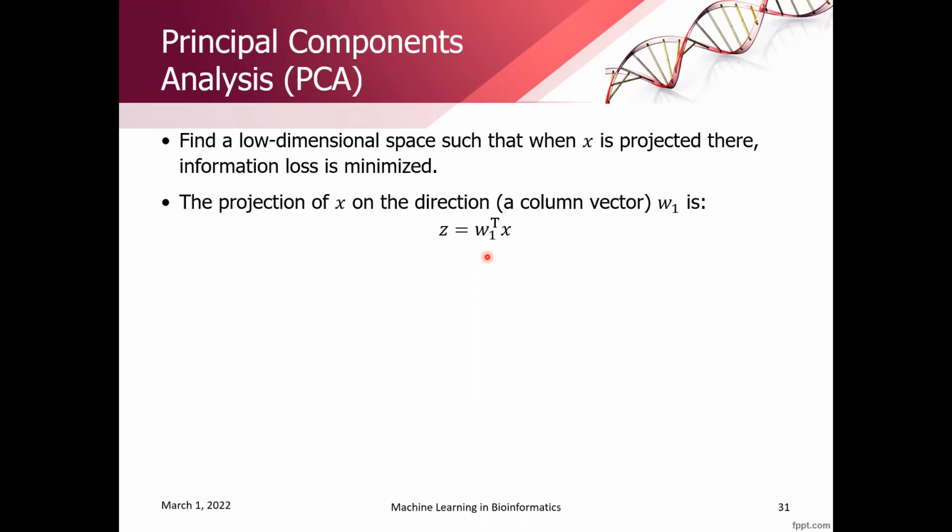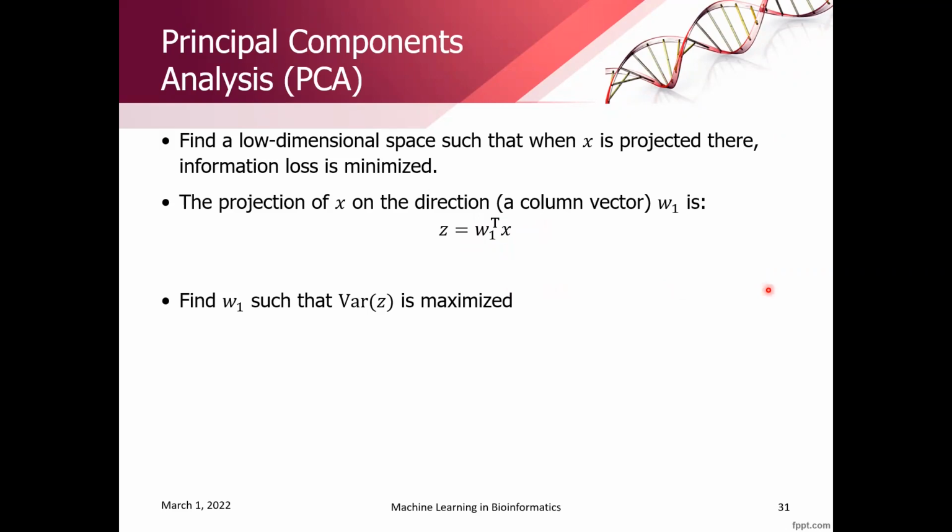So the column vector w is transposed. So we have row vector times column vector, and we can use matrix multiplication, and the result is the dot product.